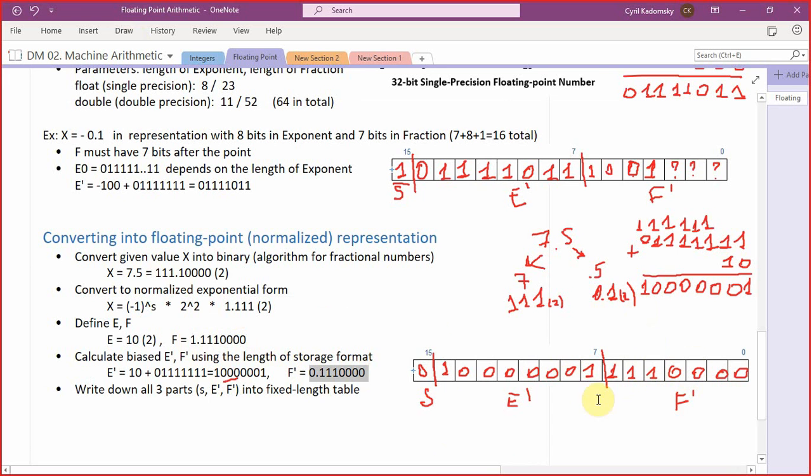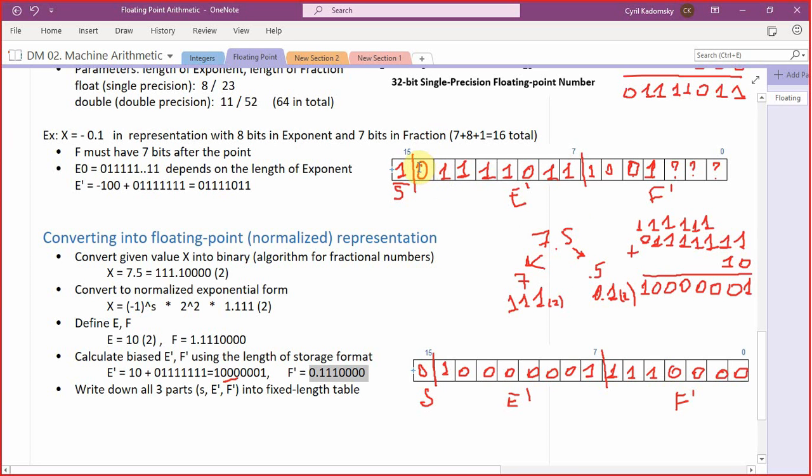That is our number 7.5 in binary, in the floating point representation. And once more, looking at these two numbers that we have done, we can see one thing here.